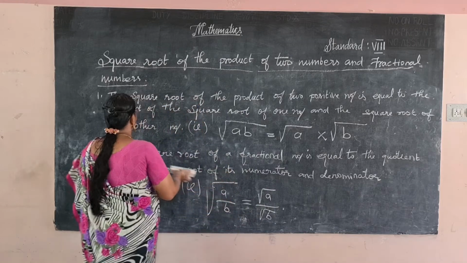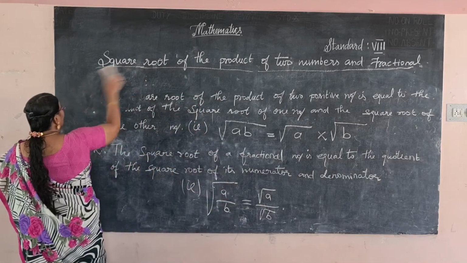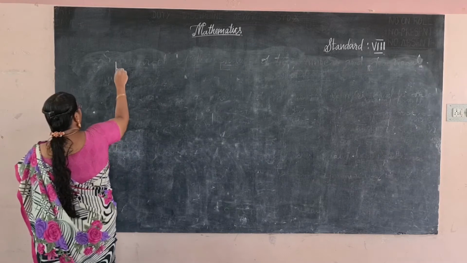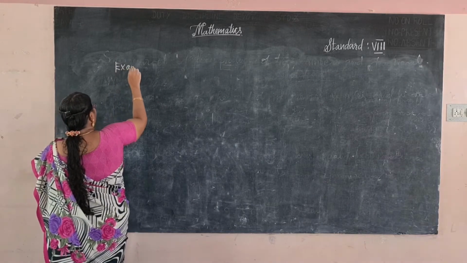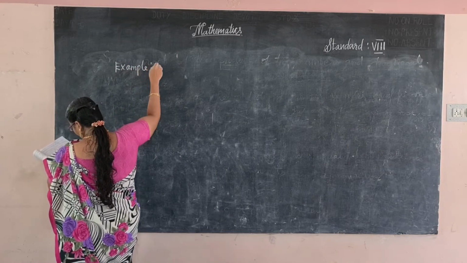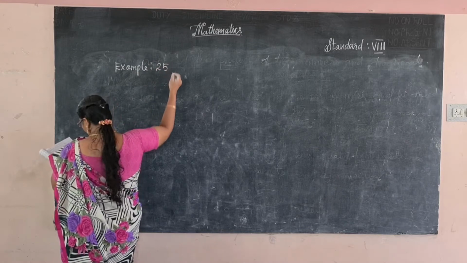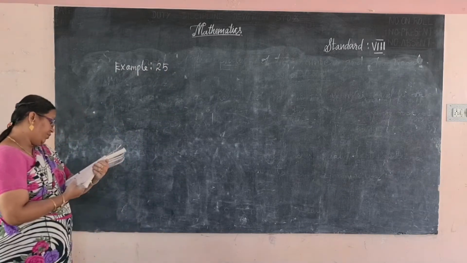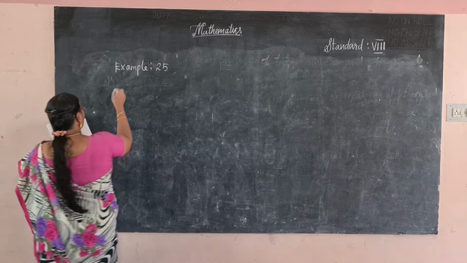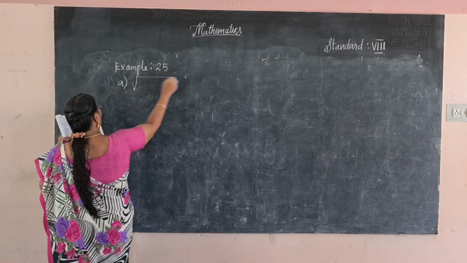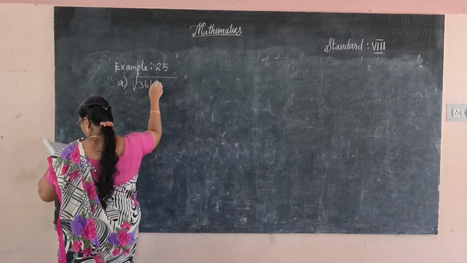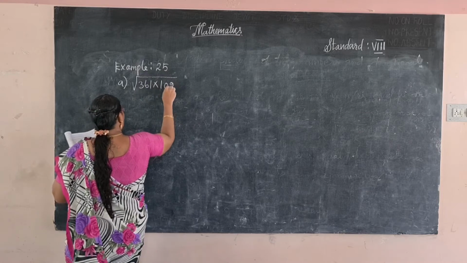Okay, see the example. Example 25. Find the square root of the following. First one, A: the square root of 361 into 1024.